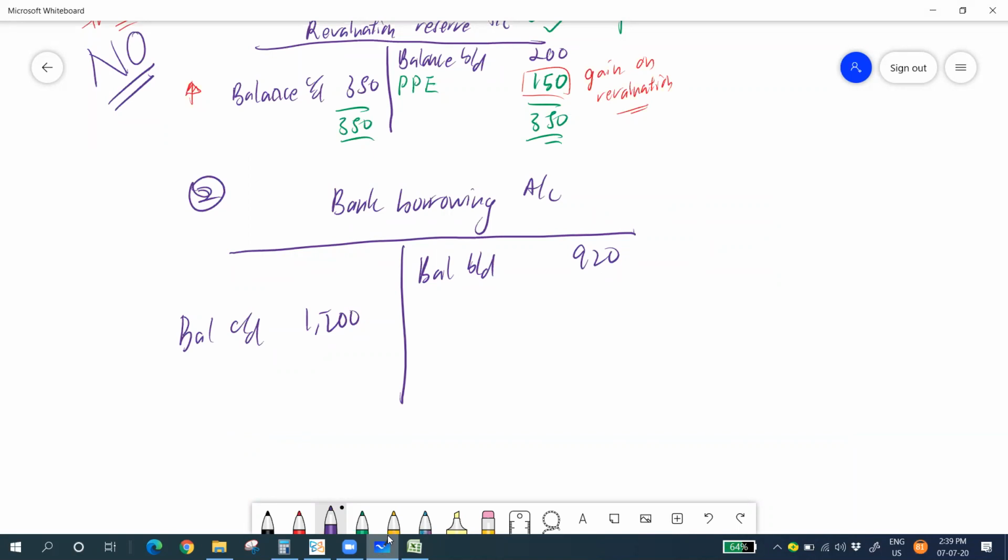Debit side or credit side? Think about it. When we make payment of bank borrowing, we will credit our bank account, right? Because we make payment. So when it comes to the bank borrowing account, yes, this amount will appear in debit. So this is repayment.